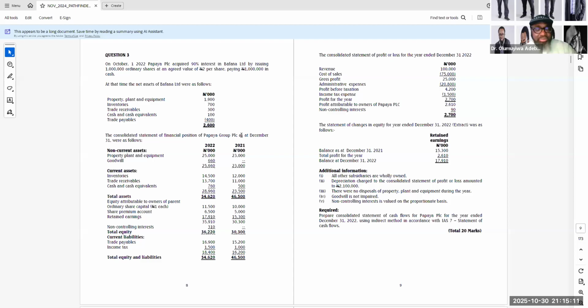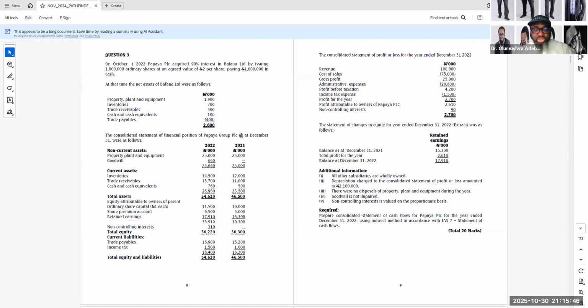Thereafter, trying to revisit the fundamentals, we equally highlighted the basic principles that differentiate the statement of cash flows from the consolidated statement of cash flow, which speaks to areas that border on the group, where we have the parent and subsidiary, and certain adjustments are required in addition to whatever adjustments we are exposed to in the statement of cash flow of a single entity.